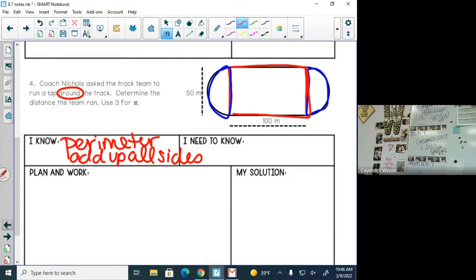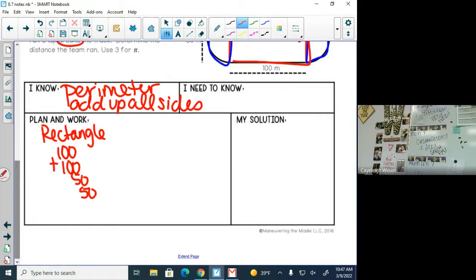Now, the rectangle is a 50 by 100. Okay, but I'm not finding area, I'm finding perimeter. So to find the perimeter of the rectangle, I'm going to add up all the sides. So 100 plus 100 plus 50 plus 50 is 300.